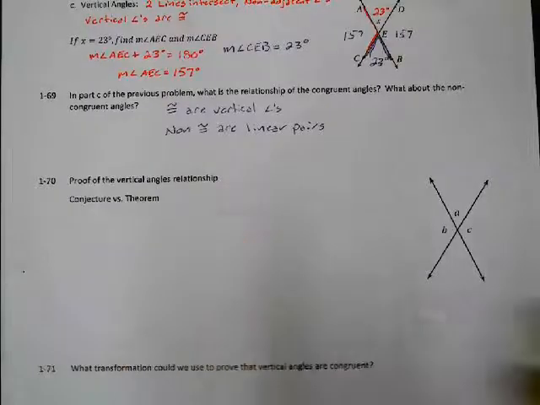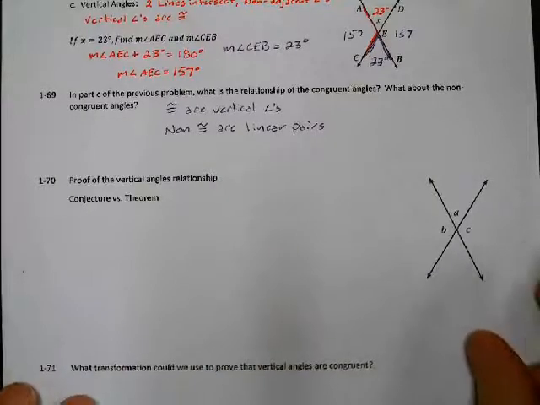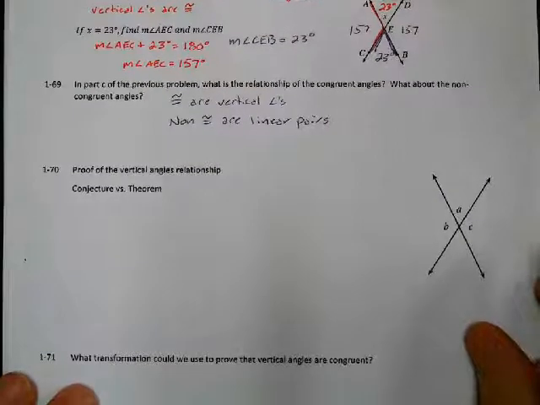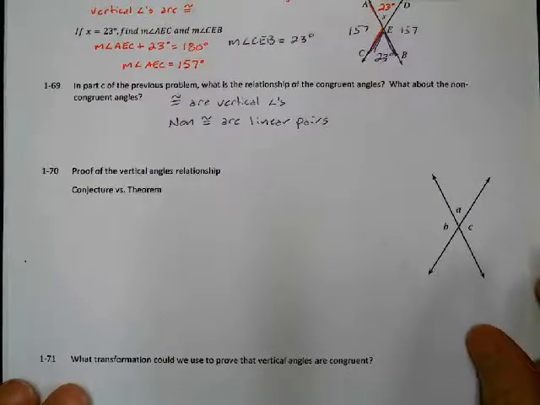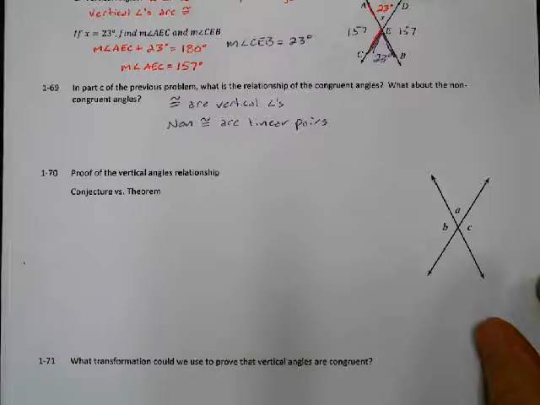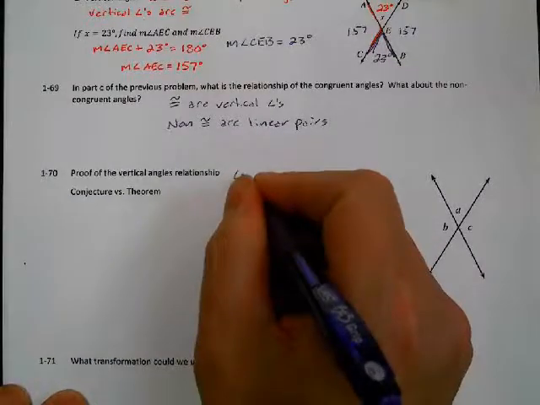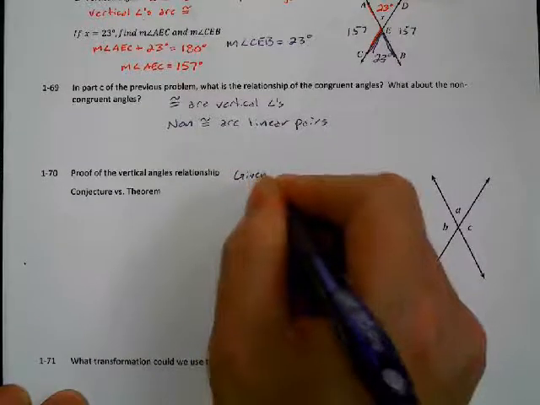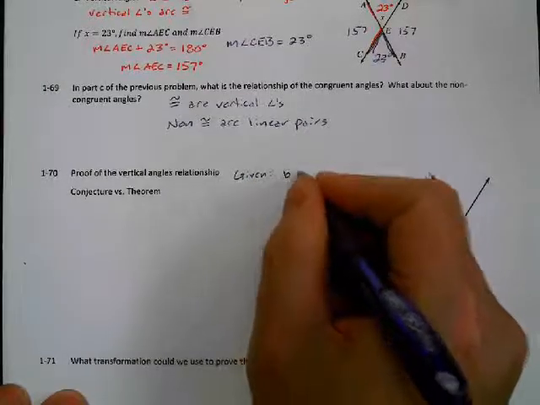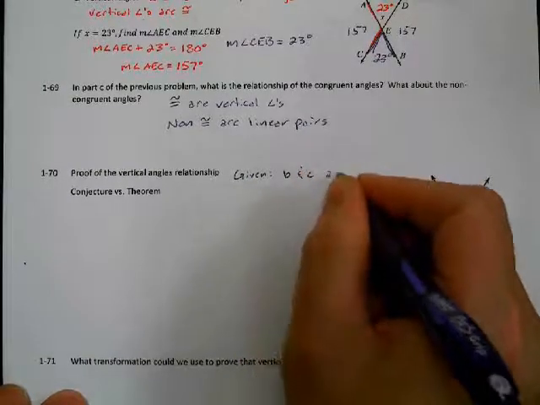So if I were doing a conjecture and a theorem for this one, we've done flowchart proofs before. So let's say that I am going to try to prove that B and C are congruent. Let's just start with what we're given. We are given that B and C are vertical angles.